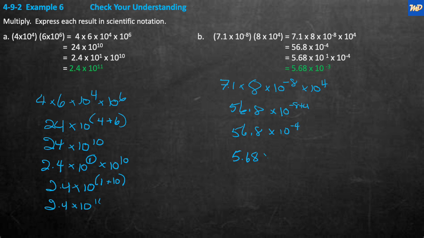So it's times 10 to the first power times 10 to the minus 4. And carrying it out, 5.68 times 10 to the 1 minus 4 is equal to 5.68 times 10 to the minus 3. Okay?